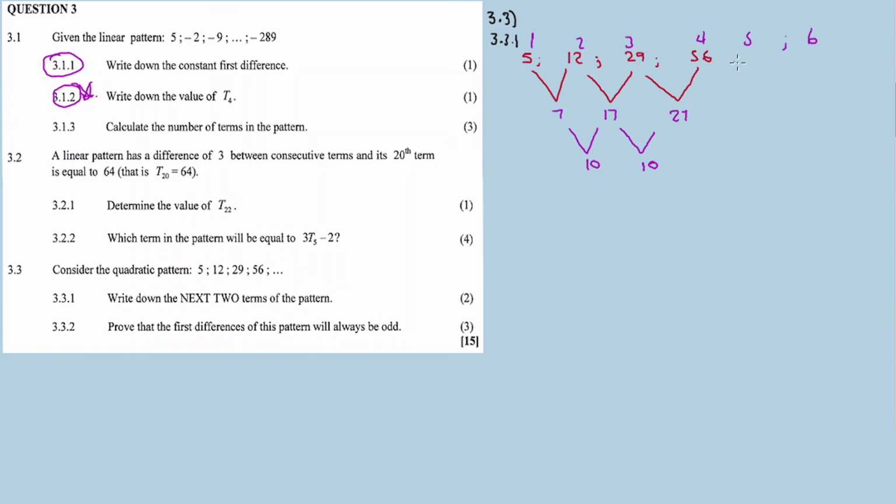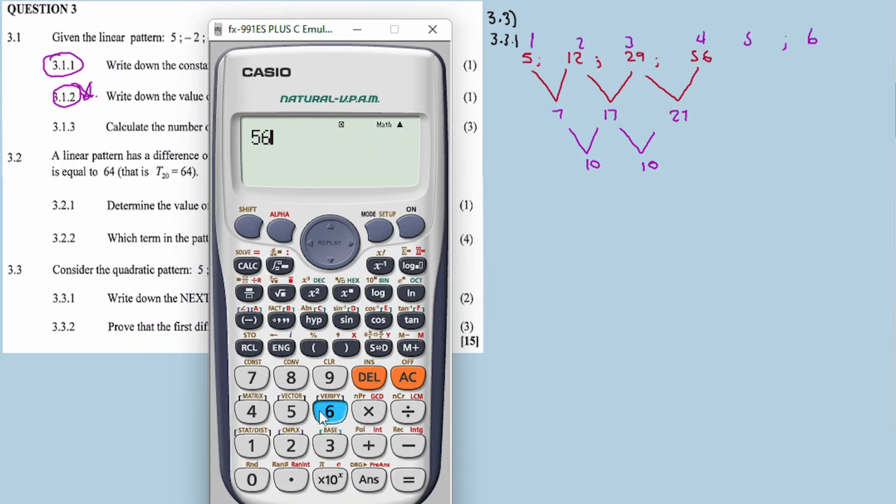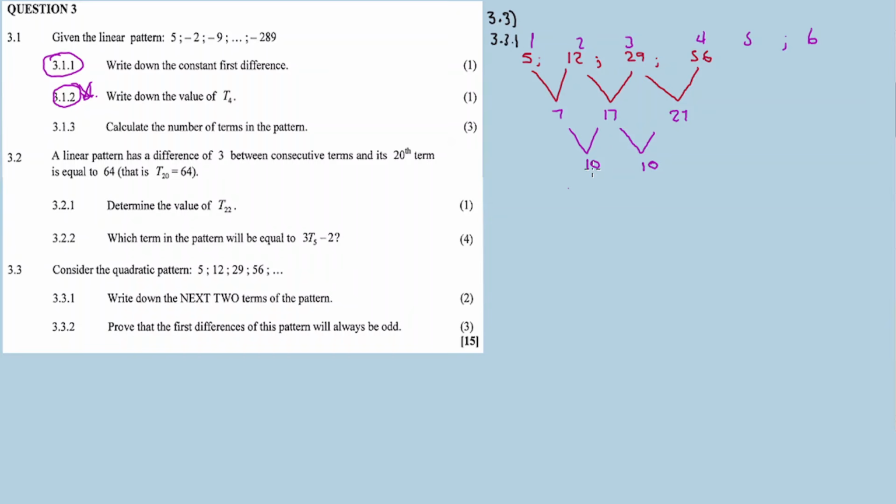So in order to find term number 5, it's 56 plus 27, 56 plus 27 plus 10, equal to 93. So here it's 93, T5.